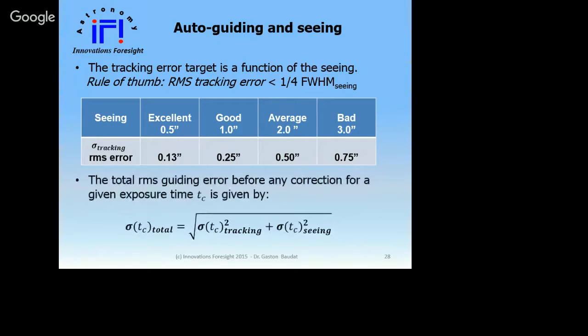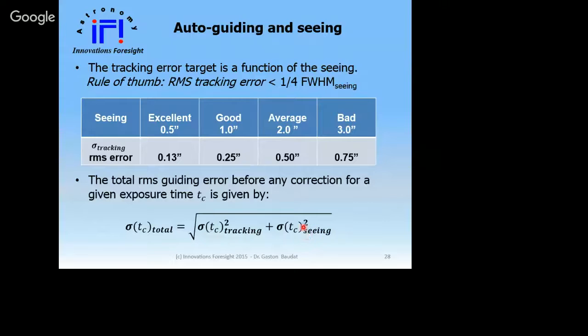So the total RMS guiding error before you do any correction is basically the sum, for a given exposure time TC, of two components. One is the variance, or the standard deviation squared, of the tracking error from your setup. And this one usually is not a function of the exposure time.